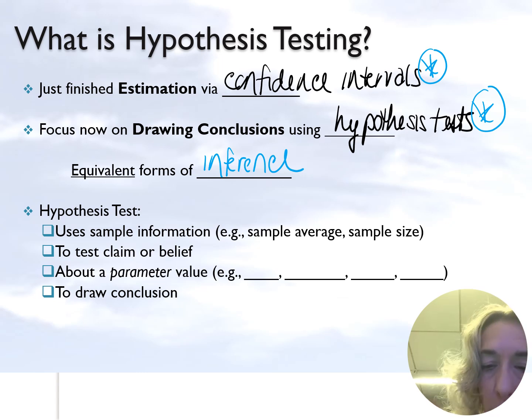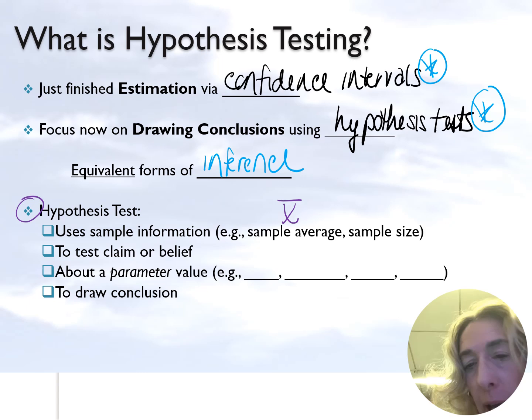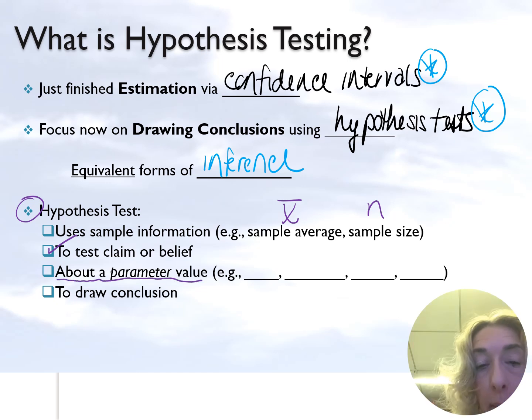In a nutshell, a hypothesis test uses sample information, or information from the sample that you've drawn out of the population, such as the sample average or the sample size, to test some sort of a claim or a belief about a parameter value.